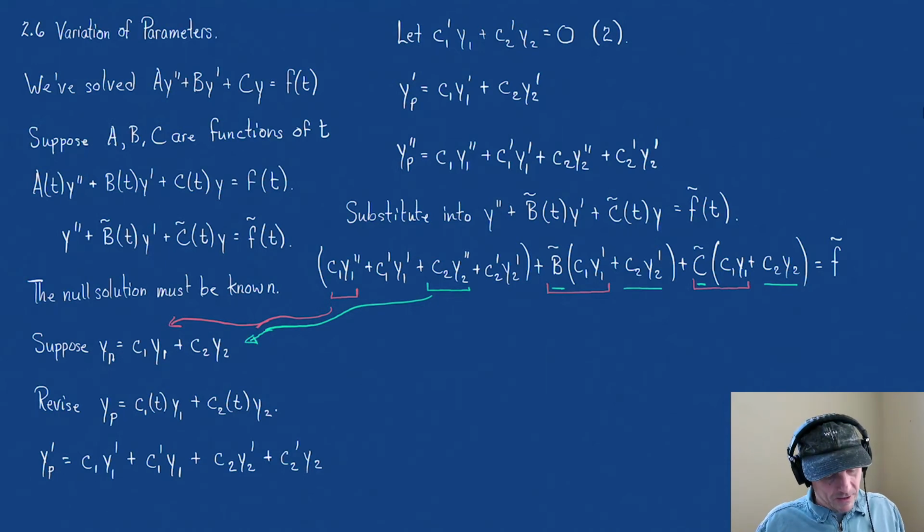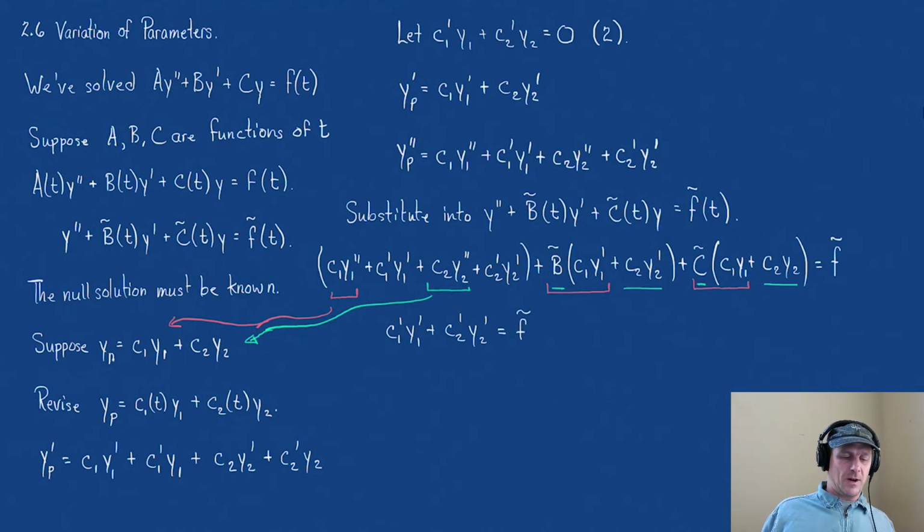Well, what do I have left? That means that I have a c1 prime y1 prime, plus I have a c2 prime y2 prime, and that equals your function f tilde. And there we are. Oh, wow.